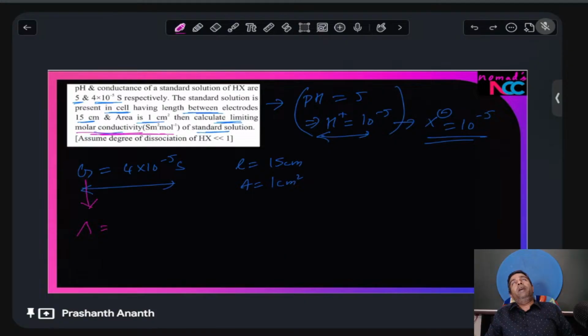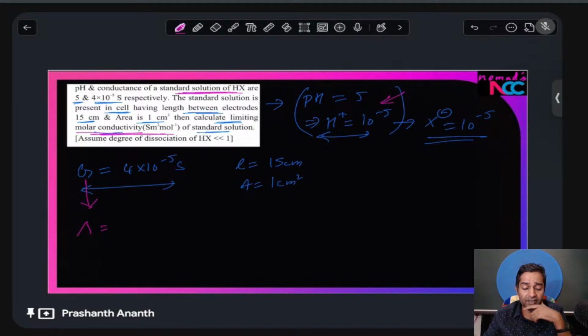Molar conductance, the direct definition is best. Molar conductance is the conductance offered when you have that particular solution of 1 mole at the start. If you take 1 mole at starting, they are telling you standard solution here, so we can assume you have taken 1 mole at starting.